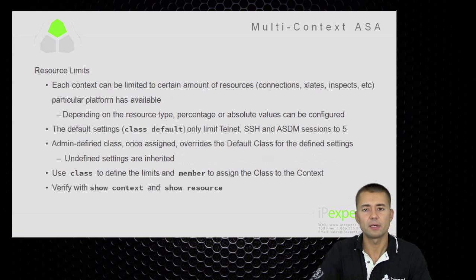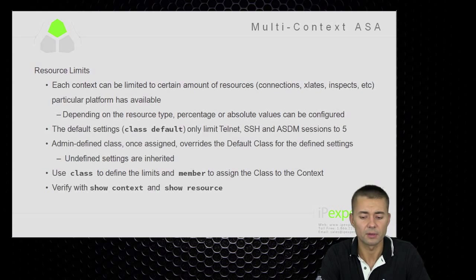Okay, and one more feature related to the multiple context configuration you may want to enable is called resource limits. The problem with virtualization is that you're actually sharing all of the physical resources available on the device between all of the contexts.